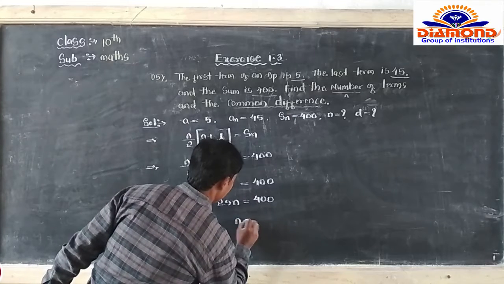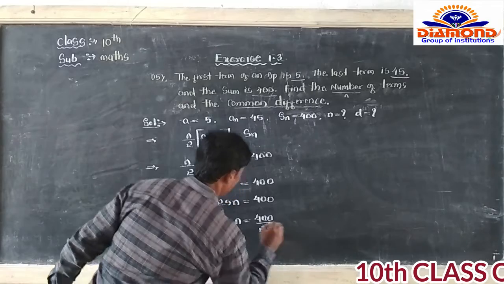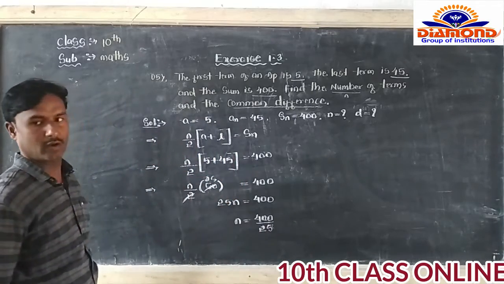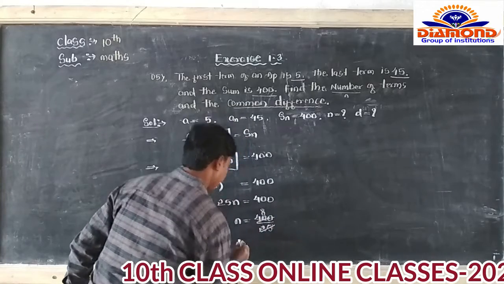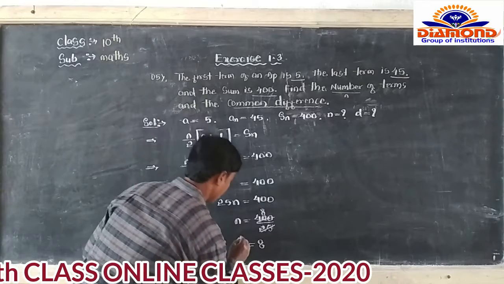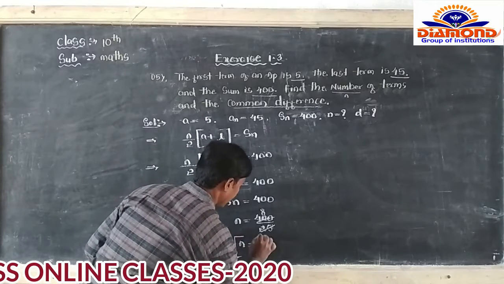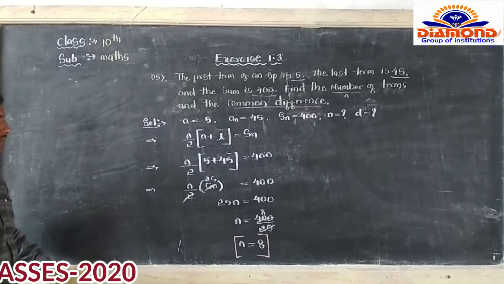Then n is equal to 400 divided by 25. 25 fives are 125, 25 eights are 400, means n is equal to 8. Number of terms is equal to how many, dear students? 8, number of terms is equal to 8.